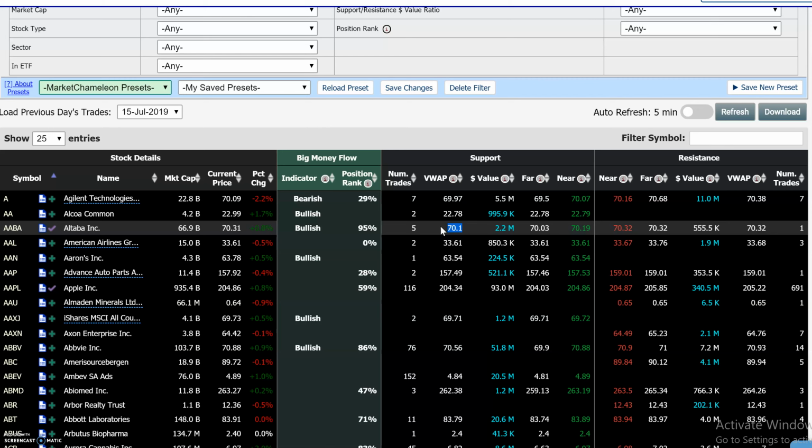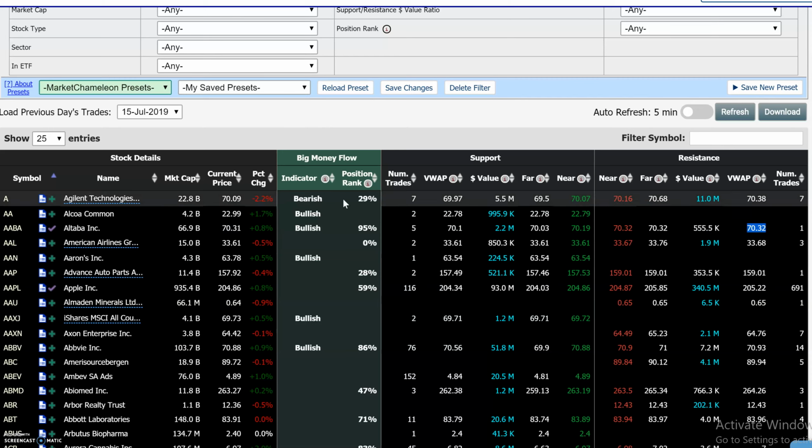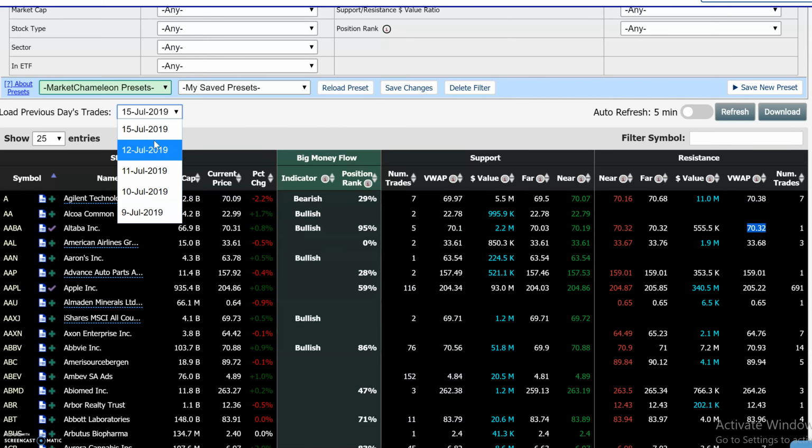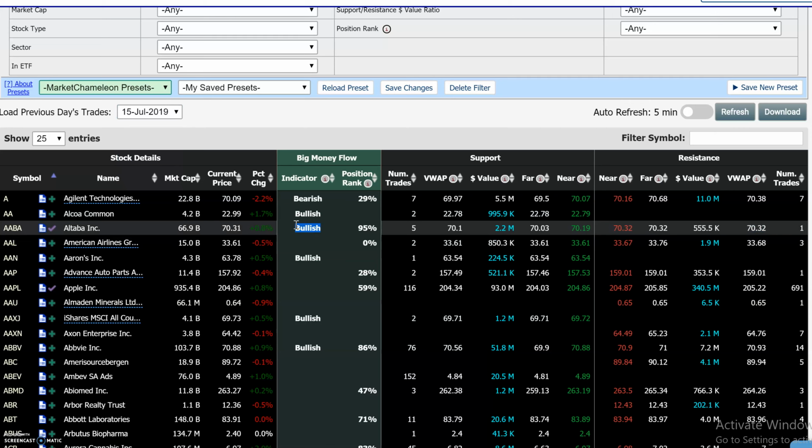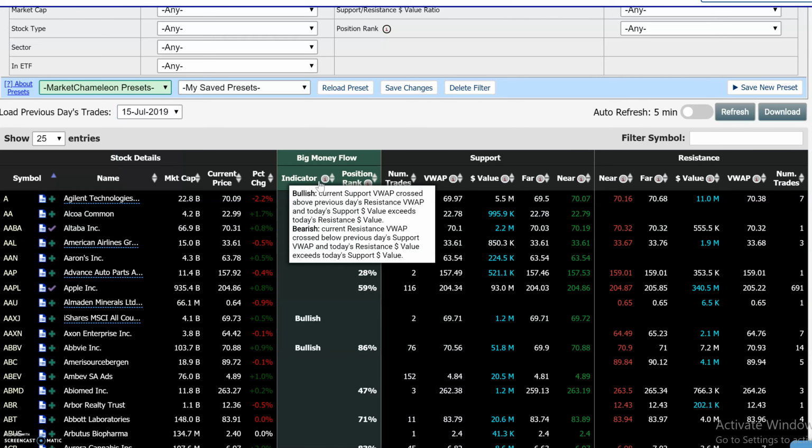If it's breaking the previous day's resistance, then it's moving up in an upward ladder. And if today's resistance is breaking the previous day's support, then it's moving in a more bearish manner. So that's what this indicator is looking for. You can read it here.